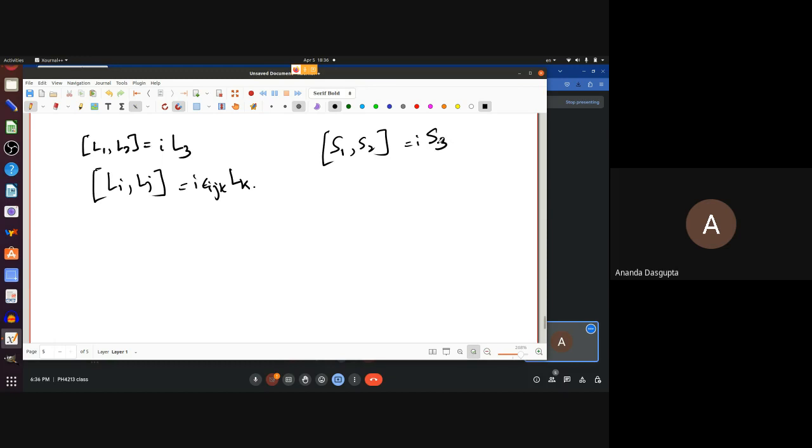But when you do spin, how do you get the S1, S2 commutator equal to i S3? I actually forgot this. I don't know. Okay, you forgot that. Anybody else remembers anything?